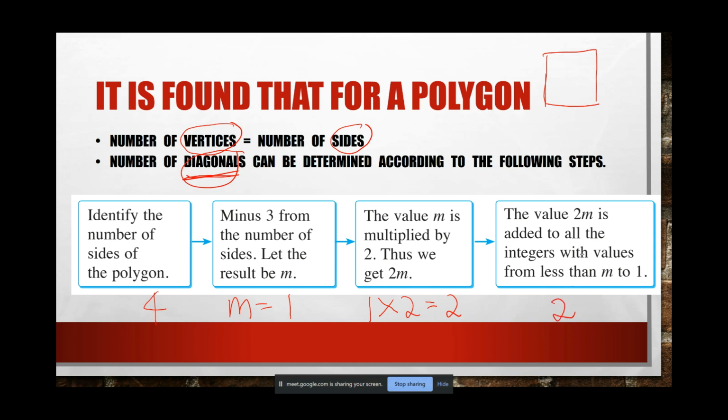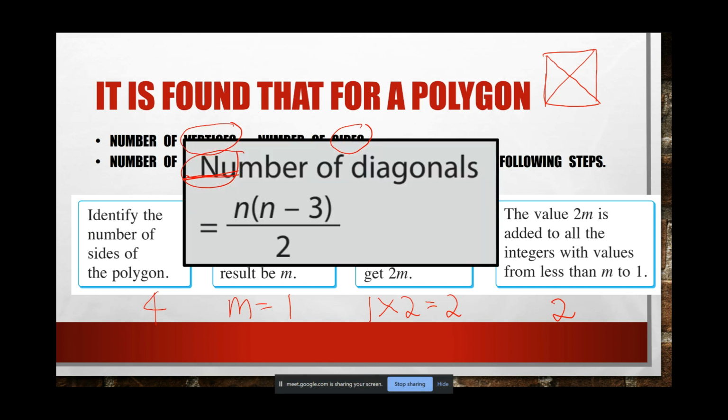But this is very long, it's very confusing, right? So I have a shorter way for you to find the diagonals. You just need to memorize this formula, whereby the number of diagonals is equal to n, representing the number of sides, times, in bracket, n minus 3, and you divide by 2.